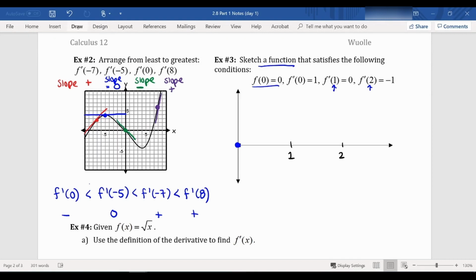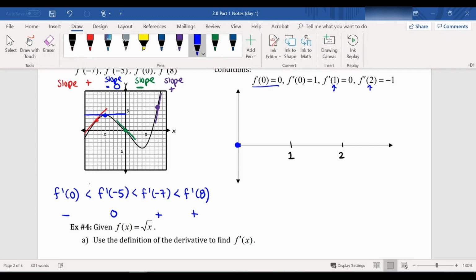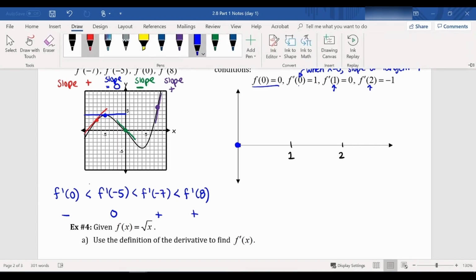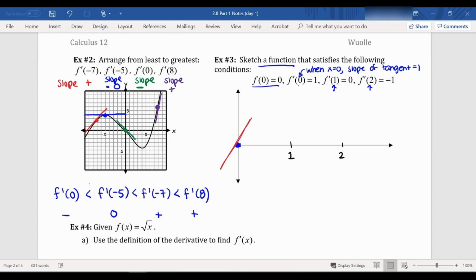It's telling me that at an x value of 0, the slope of my tangent is 1. That's what that says. Okay. So I know that my slope of my tangent here is 1. Okay. That's my tangent line.